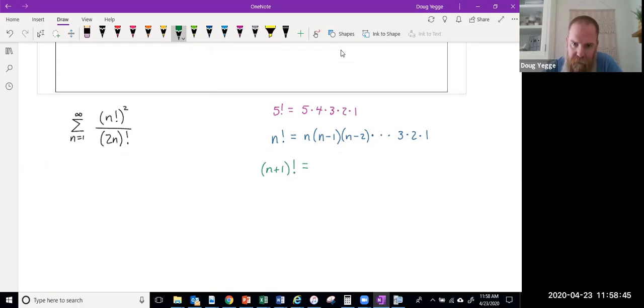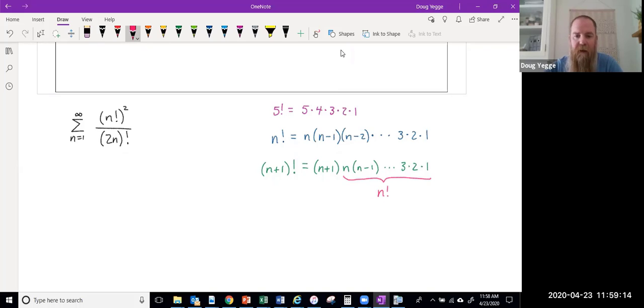That's just n plus 1 times the integer right below it times the integer right below that, and again all the way down to 1. But what you should recognize here about n plus 1 factorial is that n plus 1 factorial has n factorial hidden inside of it.